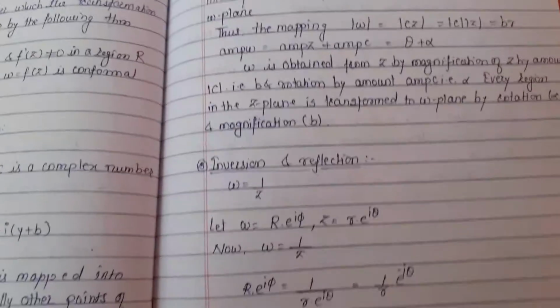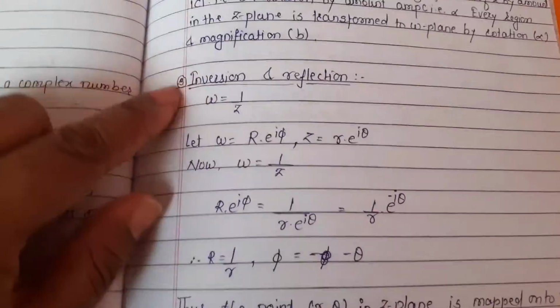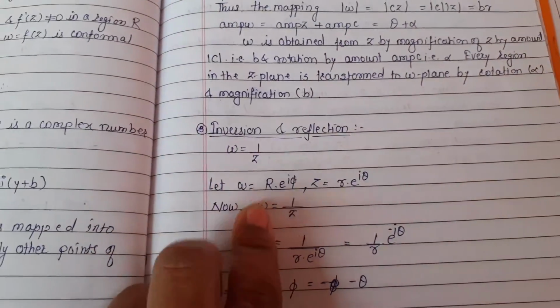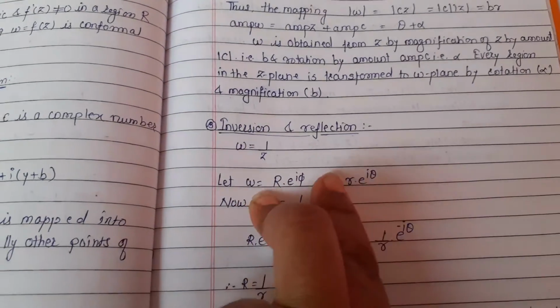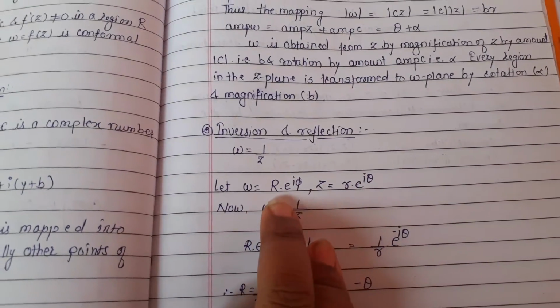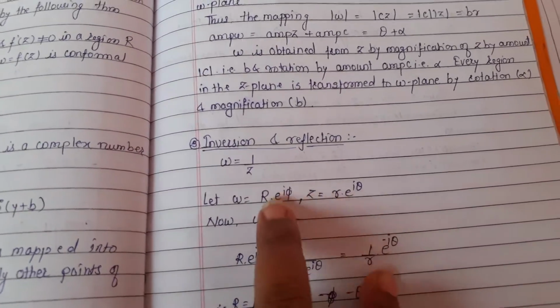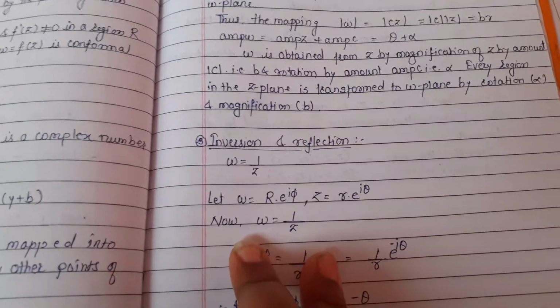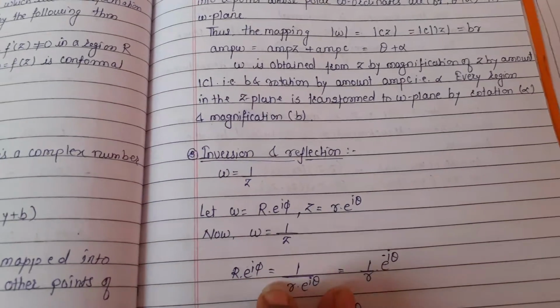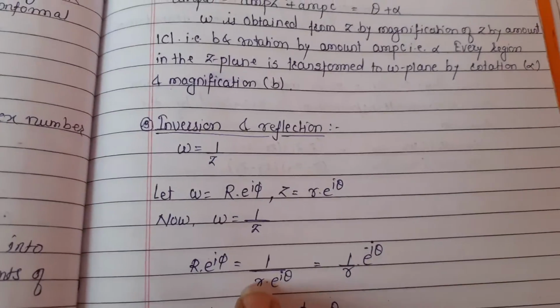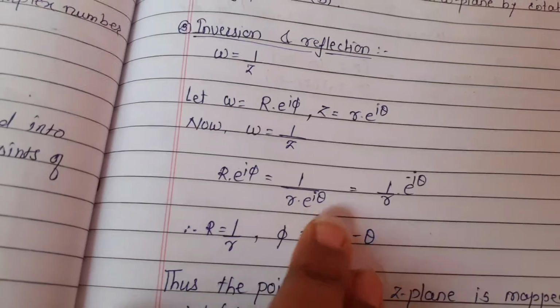Next is inversion and reflection. The inverse is given here: w is equal to 1 upon z. Again I consider the same terms. w is equal to r into e raised to i phi, z is equal to r into e raised to i theta, that is the polar form. Now w is equal to 1 upon z, so I apply these values. r is a constant term, so this term stays as it is, but e raised to i theta is a variable term.